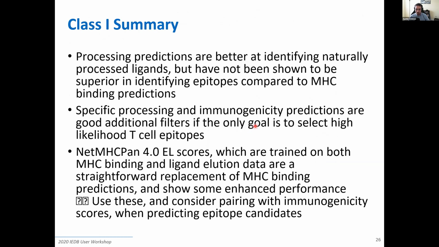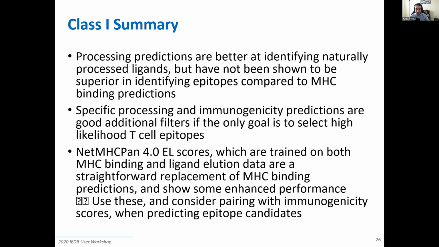So just to summarize everything that I talked about, processing predictions do work better if you want to predict naturally processed and presented ligands, but we don't have any evidence that they improve predicting T cell epitopes. They can serve as an additional filter and add a little bit more stringency if you have limited resources, for example.